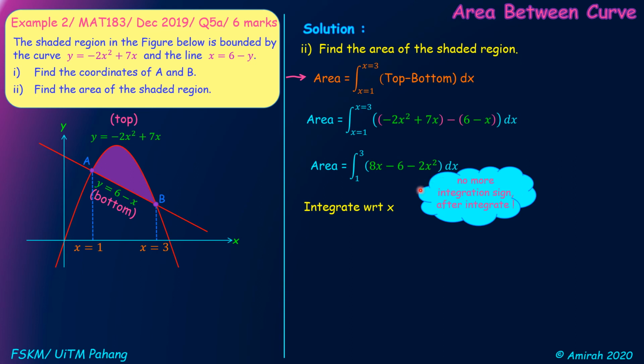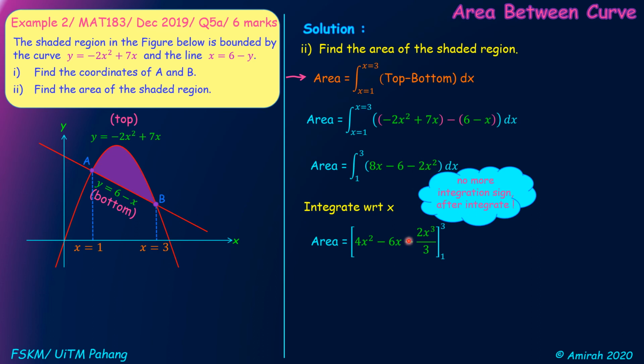After we integrate, there is no more integration sign. So we have area equals, we integrate 8x, so we get 8 times x squared over 2, but we can simplify 8 over 2, so we get 4x squared. Then when we integrate 6 with respect to x, the answer is 6x.